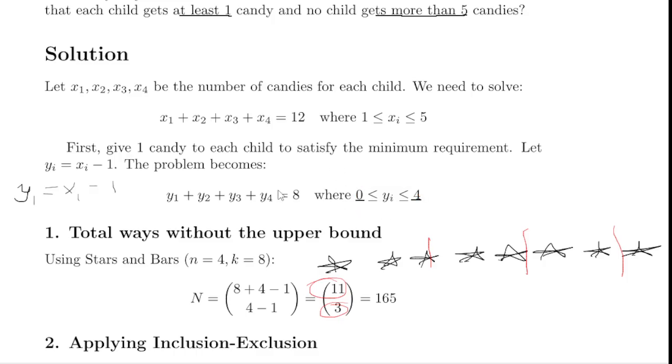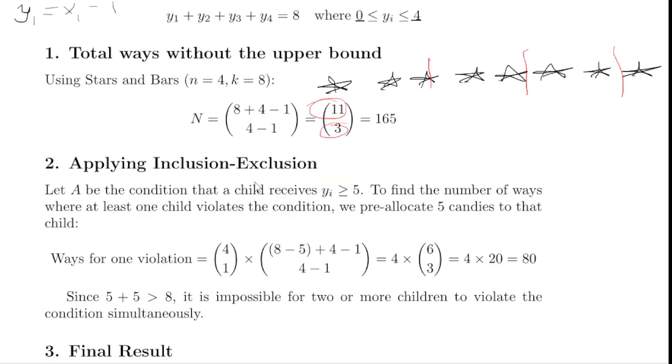So we have to consider the case where a child gets more than 5 pieces of candy. To do that, we have to look at how many kids can get more than 5 pieces of candy. So the question is, can more than one kid get 5 pieces of candy?